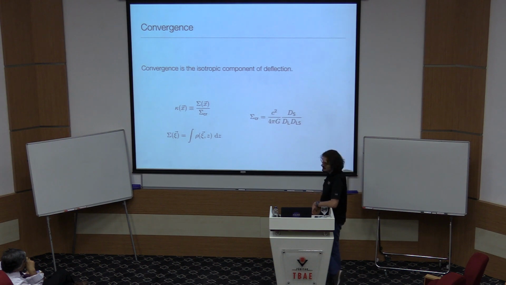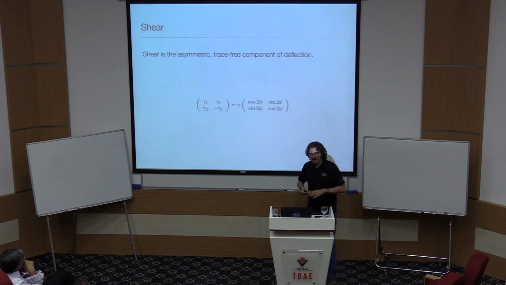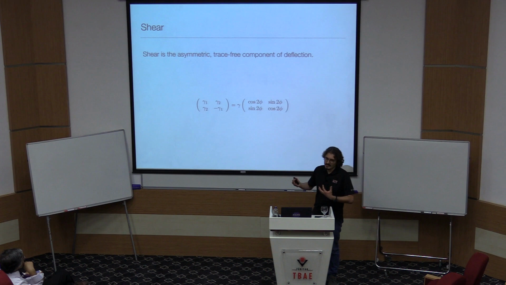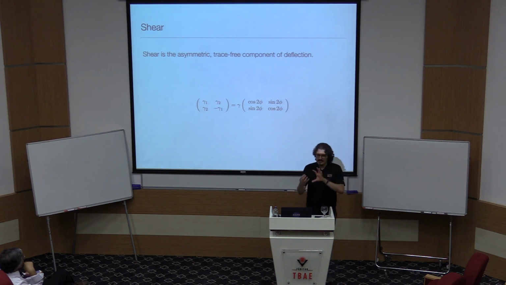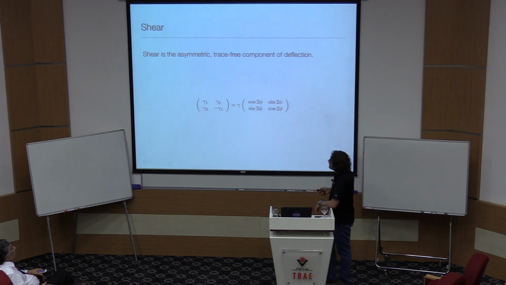You integrate it along the line of sight using the thin lens approximation. The thin lens approximation is useful because for most applications in astrophysics, the lens itself is much smaller compared to the line of sight distances. So you can assume that all the mass lies inside a plane, which makes the calculations very simple.